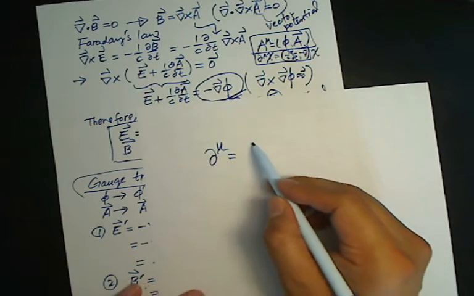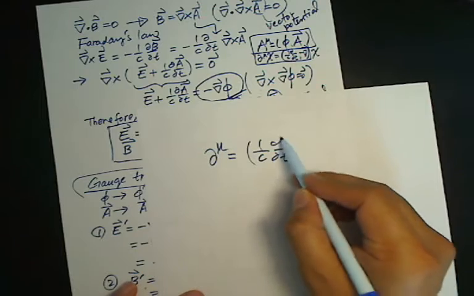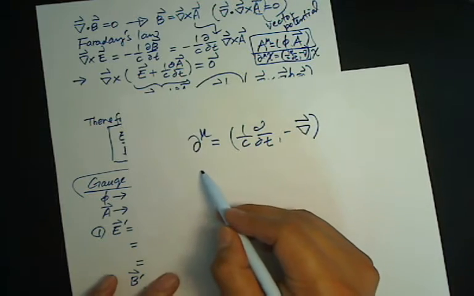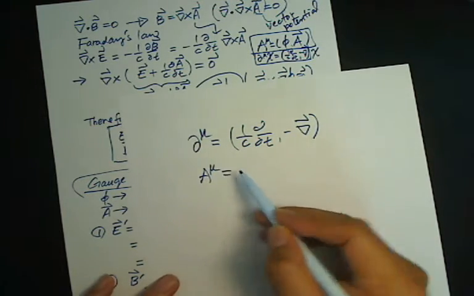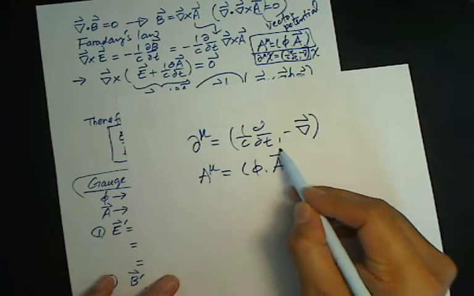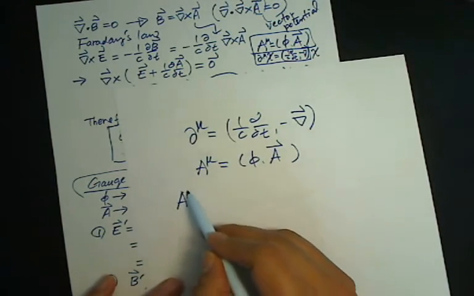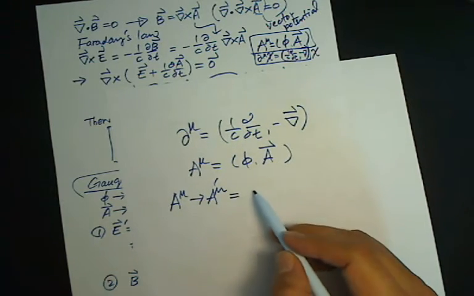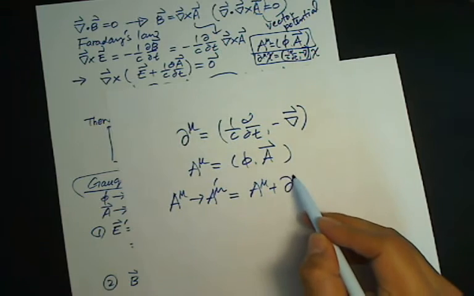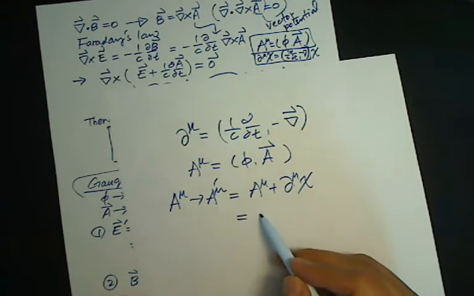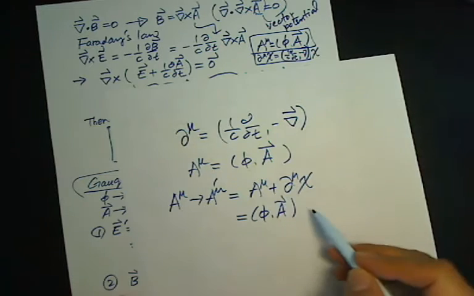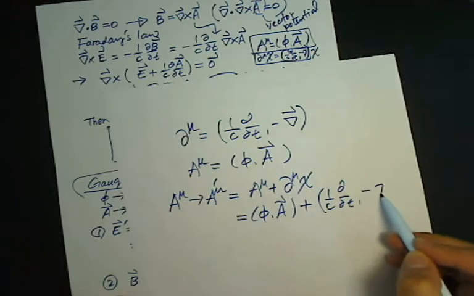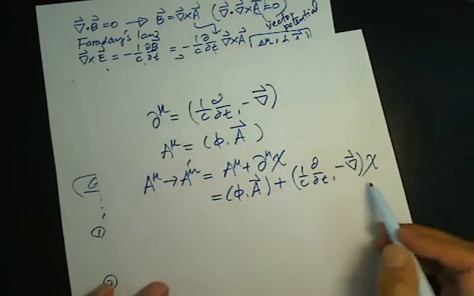So we have the 4-vector potential A mu, and A mu goes to A mu prime under the gauge transformation, that is A mu plus partial mu chi, and that is phi and A plus this one.